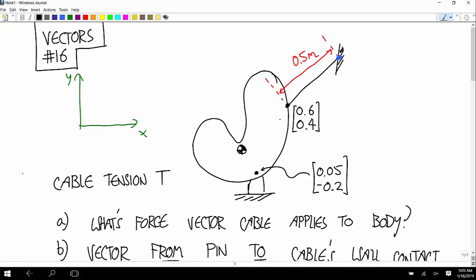The way we express that vector is to come up with a unit vector in that direction, and then multiply that unit vector by T. If T was 1,000, we'd multiply by 1,000. We're going to use that idea any time we have a force applied by a cable.